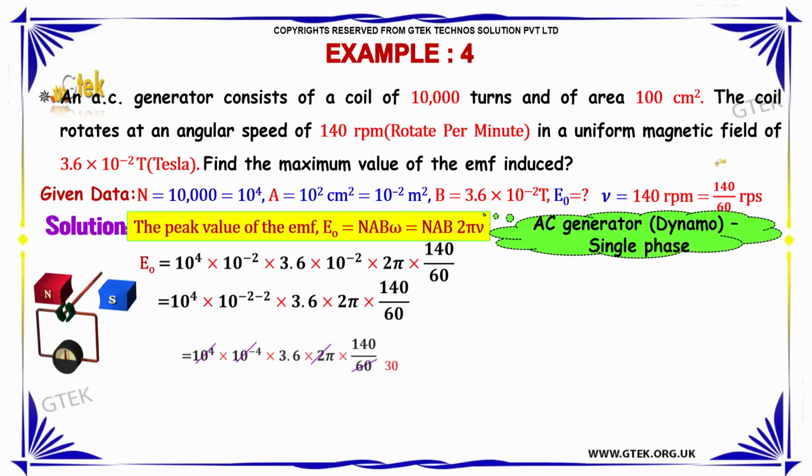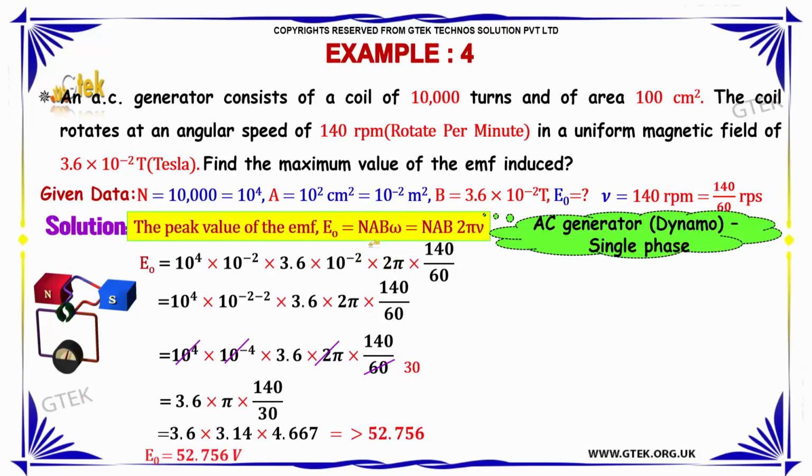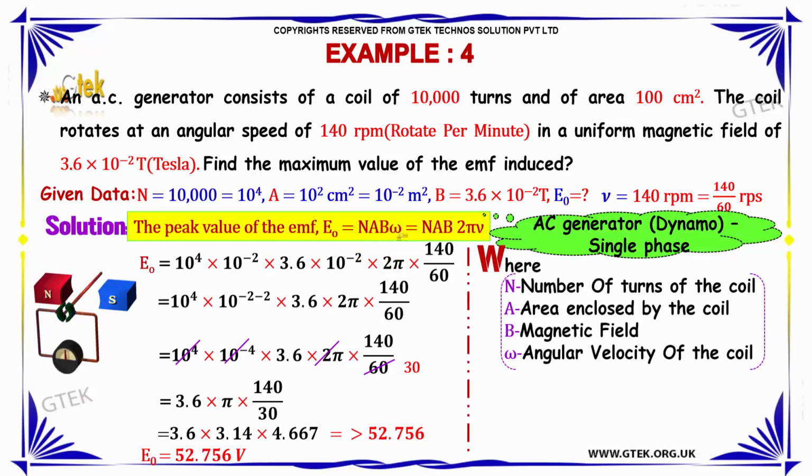The peak value of the EMF E naught is equal to N A B omega. So omega can be rewritten as 2 pi nu. So N as 10 power 4, A as 10 power minus 2, into B as 3.6 into 10 power minus 2, into 2 pi nu, that's 140 divided by 60.